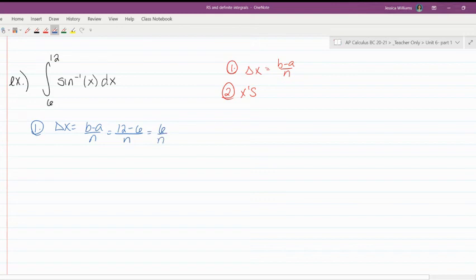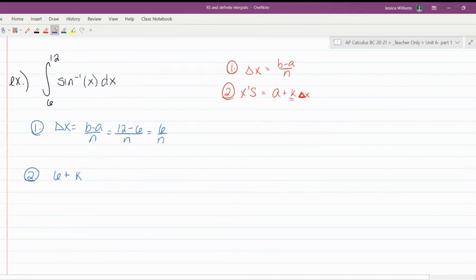Your x's that you're going to put into your function are always a plus k delta x, always. Sometimes they use a different counter, like i instead of k, but it's just a counter in your summation notation. So if I do that here, our x's are going to be a, which is 6, plus k times delta x, which I already found.